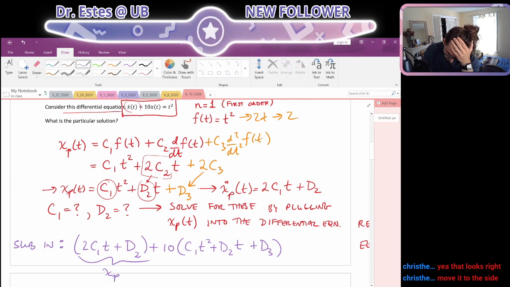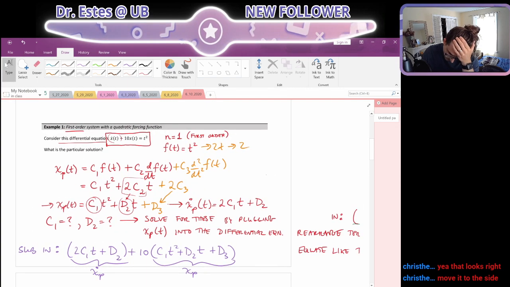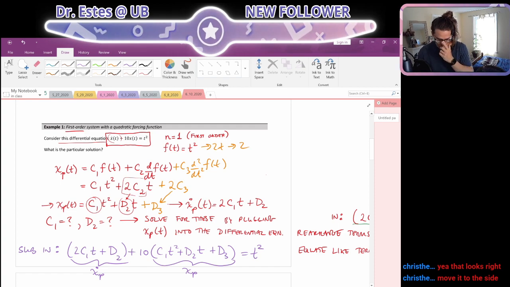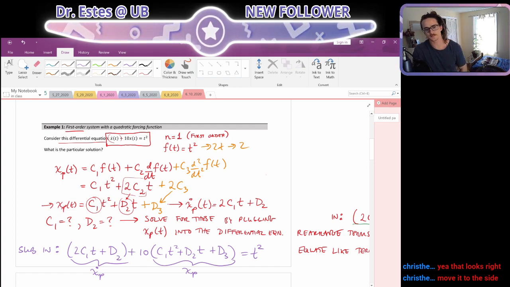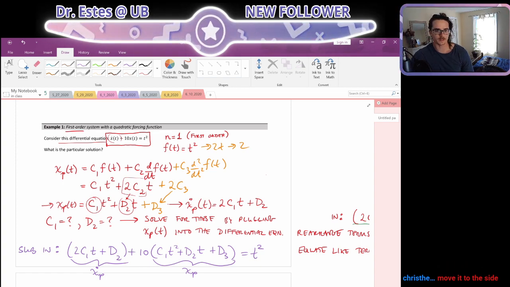So this one is xp dot, this one's just xp. That equals t squared. Let's see what this does for us. So all we changed is we took more derivatives.